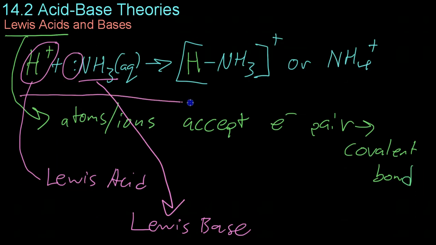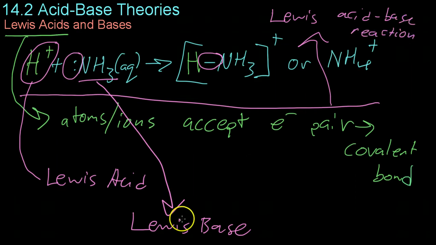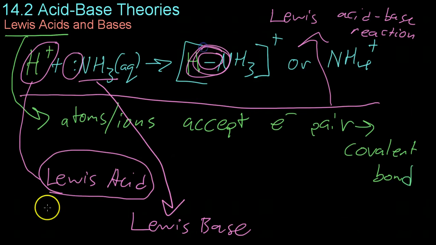And because this is a transfer of an electron pair to form the covalent bond right here, this is what would be known as a Lewis acid-base reaction, in which the base surrenders its electron pair to the Lewis acid, which in turn accepts the electron pair to form this covalent bond right here.